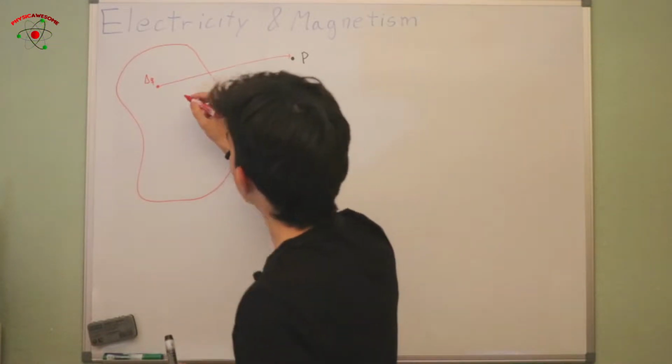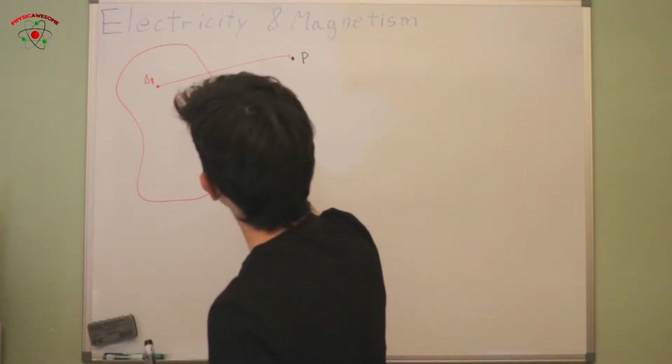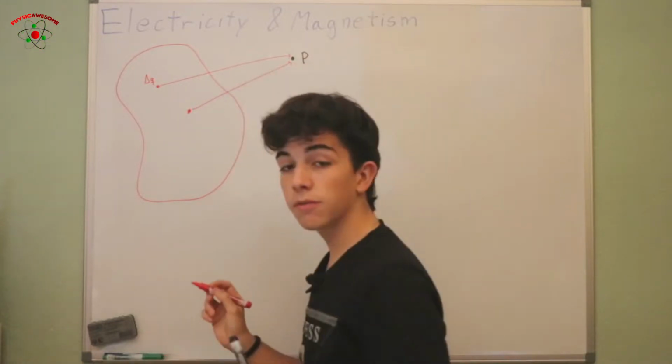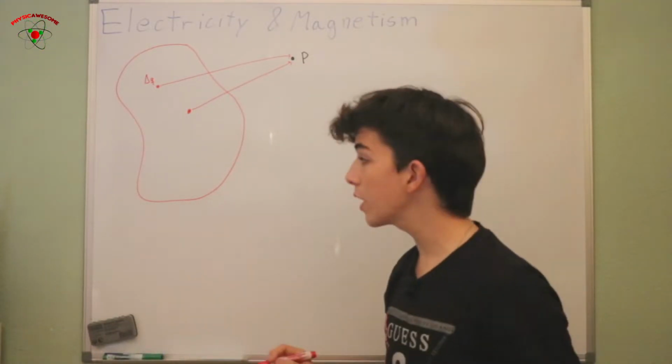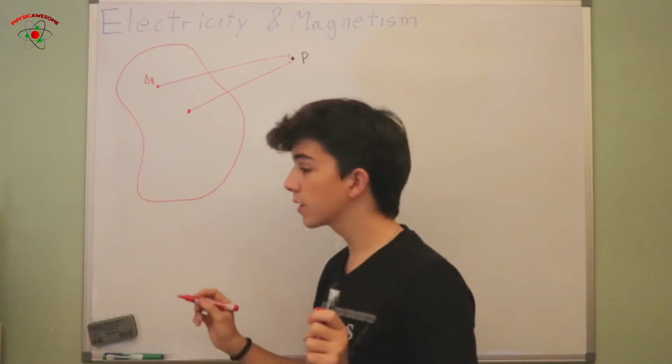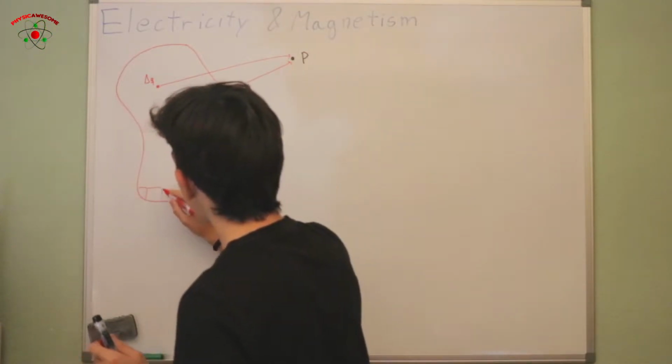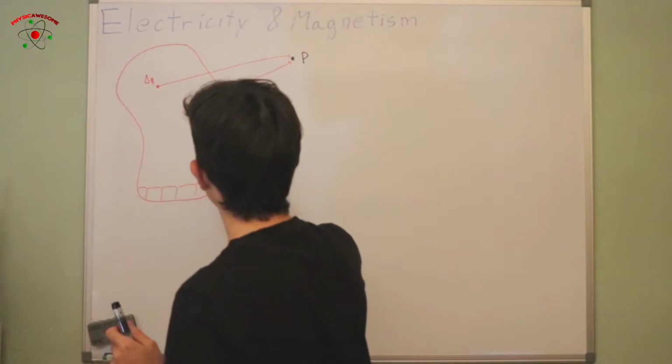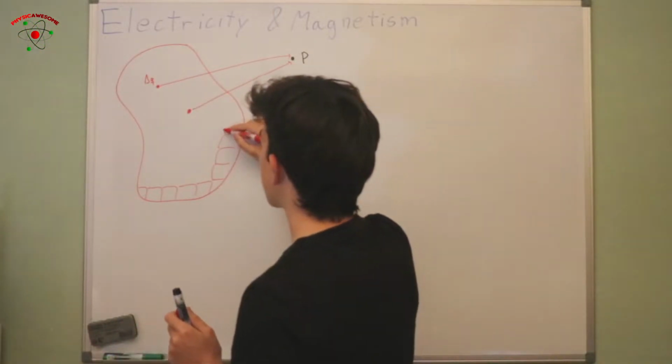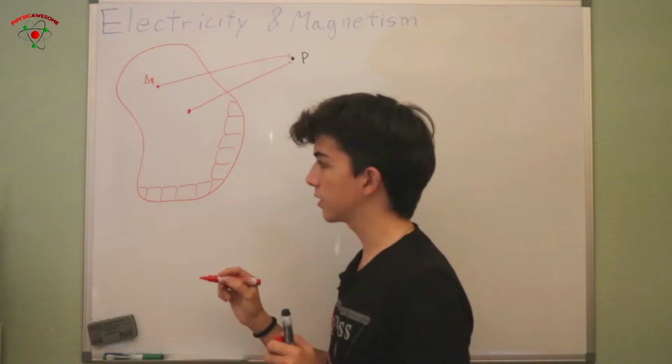There's going to be lots of little elements. In fact, we are going to break all of our system into small cubes of elements that are going to be our charge elements.